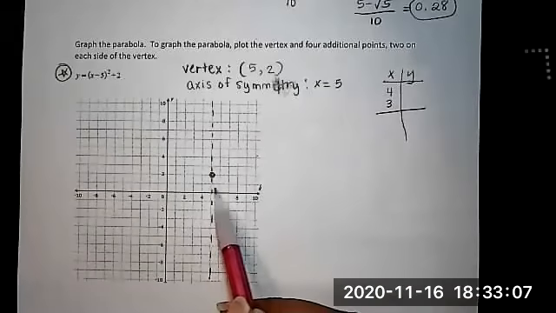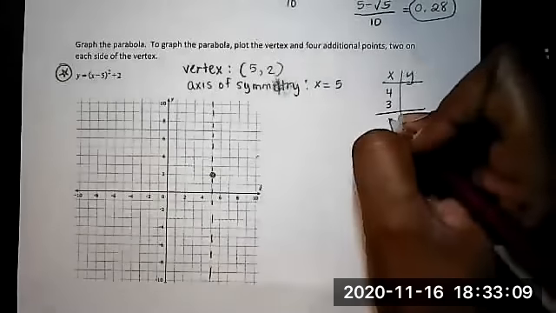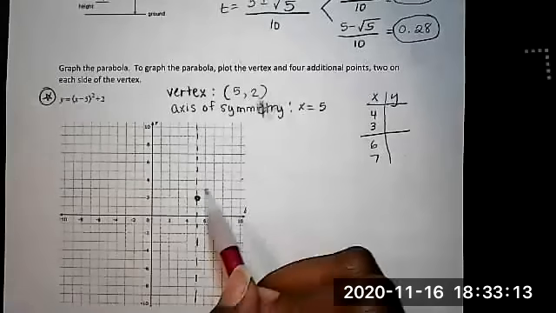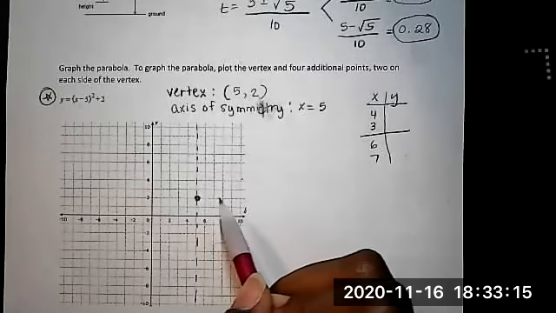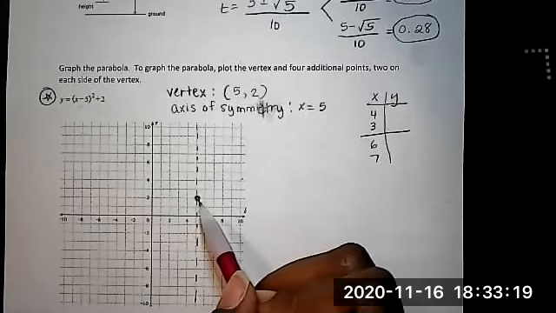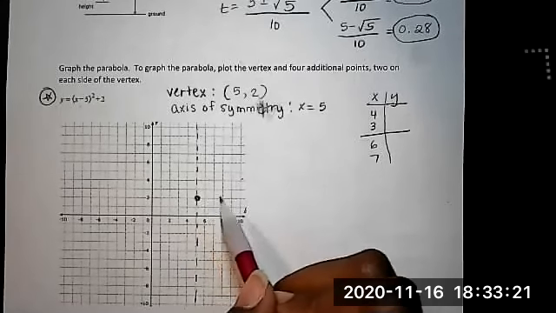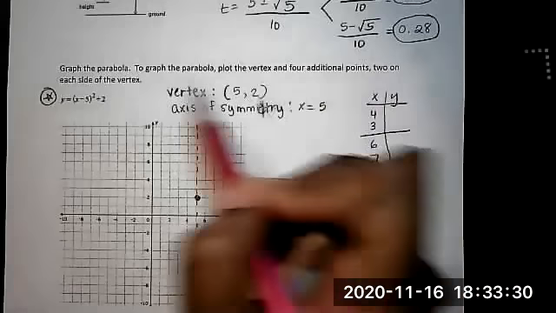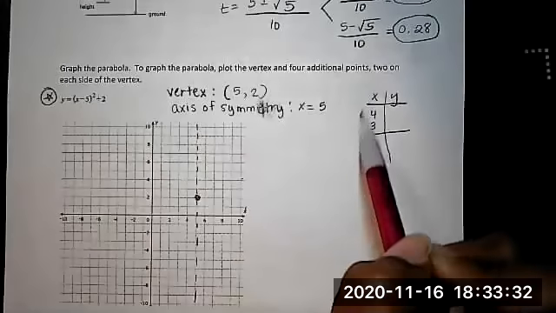And then on this side, I'm going to pick 6 and 7. Okay, it really doesn't matter. You could pick some other points if you want, but I'll just do that to make my life easier. Since this is 5, I'm just going to do 4, 3, and then the bigger points, 6 and 7, 2 on that side. And then I'm going to find those values for y by replacing x with all of these values.